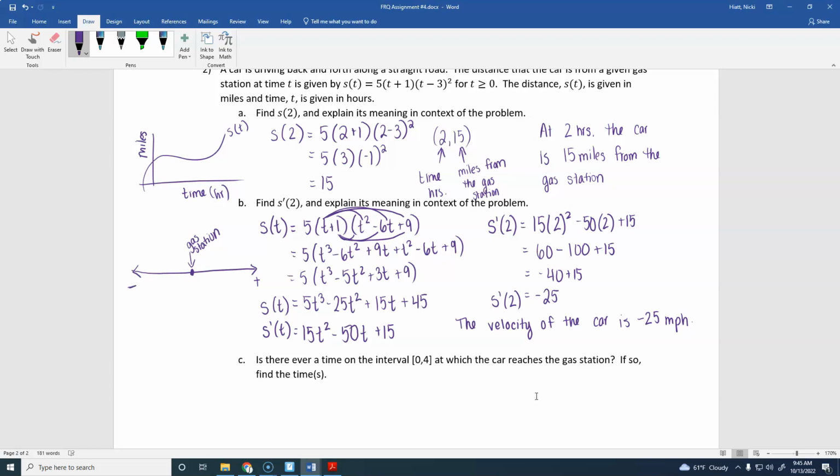In this case, you wouldn't really describe it as right or left. If they gave us more information, it could be north or south, right? Or east or west, possibly. So if you have a positive direction, you're going, like in this case, to the right. If you have a negative direction, you're going to the left. So the car, in this case, is traveling in this direction at 25 miles per hour.